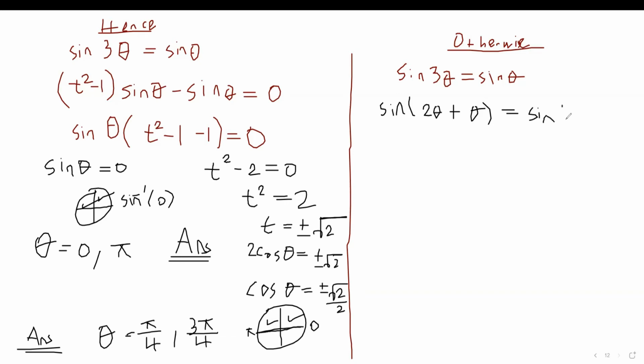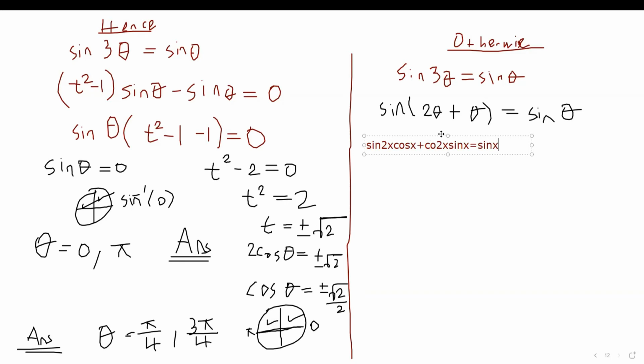Then you'd have to use the compound angle, sorry, not double angle, compound angle, and expand it as sine 2 theta. I can't write theta, so I'm just going to use x as theta. Sine 2 theta cos theta plus cos 2 theta sine theta equals sine theta.